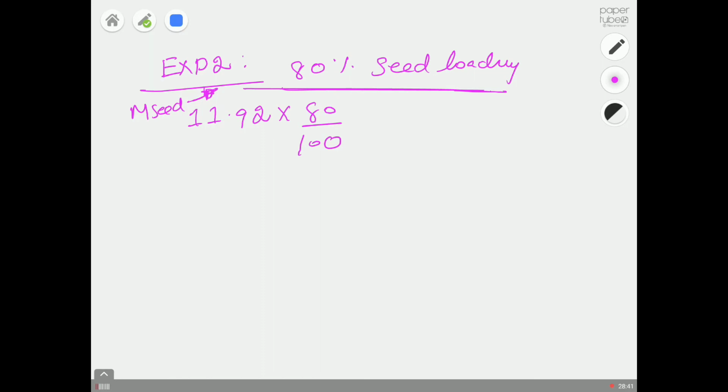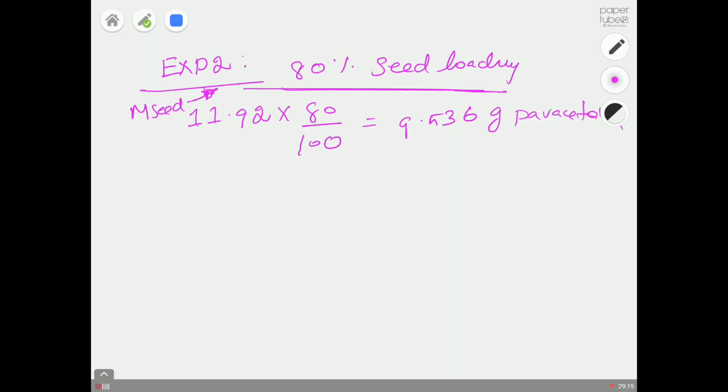So this will be equal to how much? 11.92 multiplied by 80 divided by 100, or you can just multiply it by 0.8. So 9.536. This is the mass of seeds, gram of paracetamol.